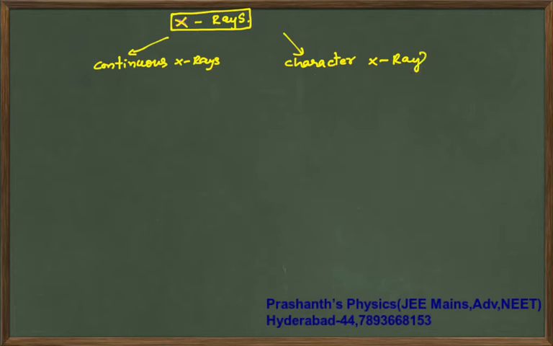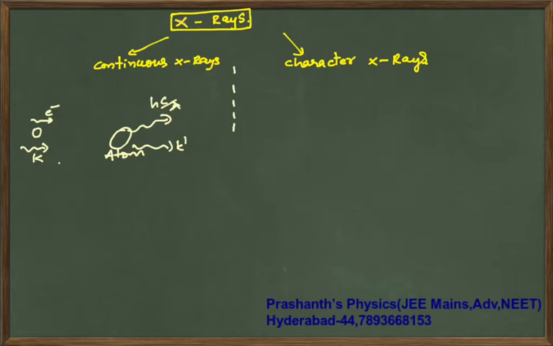You will have continuous X-rays because when an incoming electron hits the target atom, a portion becomes light and some portion is transferred as kinetic energy. So this emitted light causes the continuous X-rays.